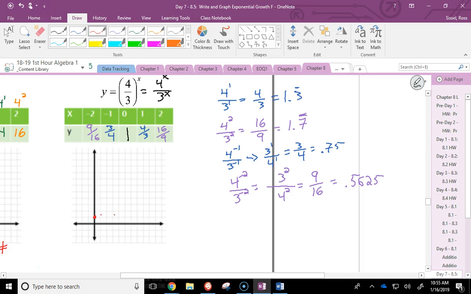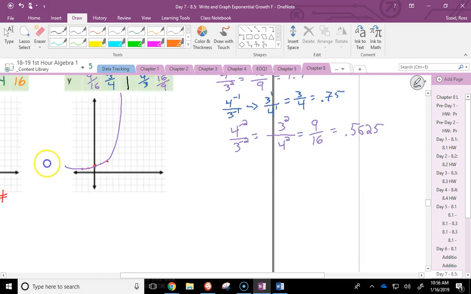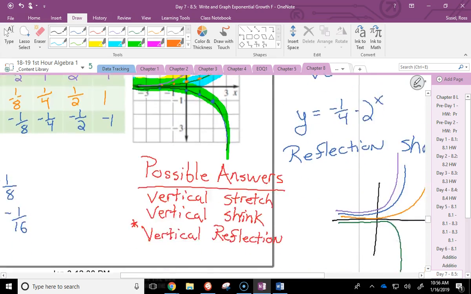Let's say 1.3. And then when I was at 2 is 16/9, which is almost 2, so it's right in here. Going backwards, negative 1 we said was 3/4. And negative 2 is 9/16, which is about halfway. I draw this in. Our line would look like that. Okay.